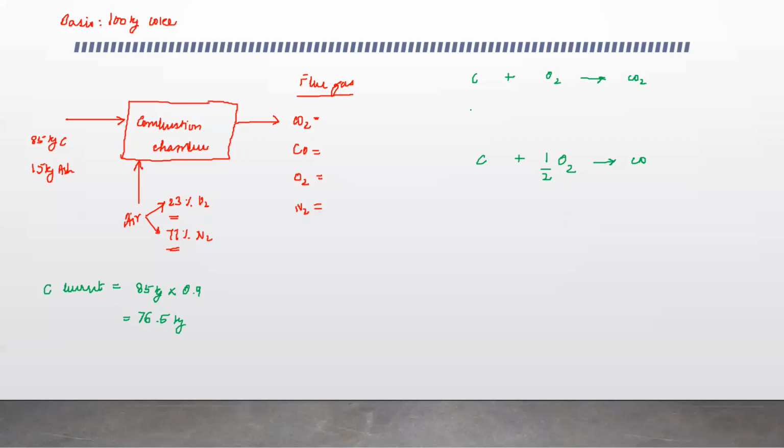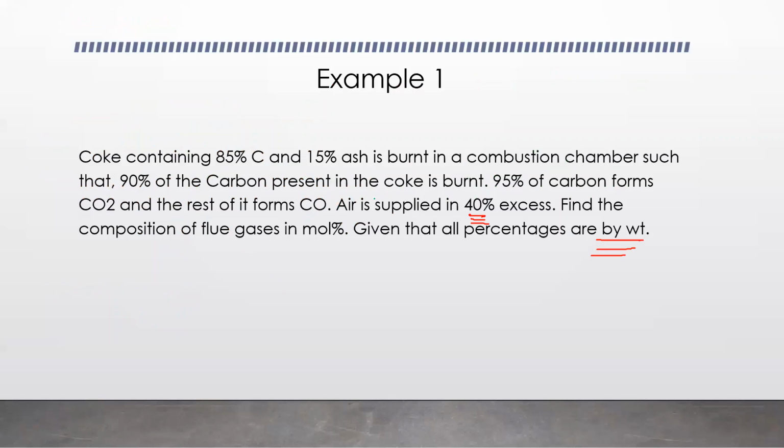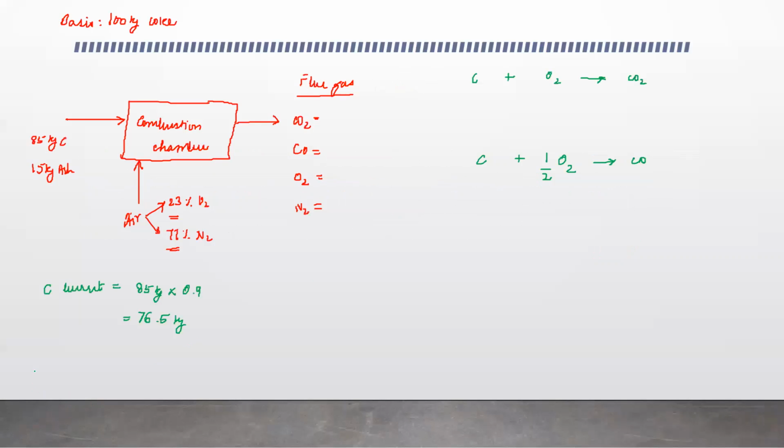So again, we have to use it in stoichiometry. It would be better if we convert everything into moles, but let's go for the mass basis. So again, 95% of carbon forms CO2. So carbon forming CO2 is equal to 76.5 into 95%, so 0.95.